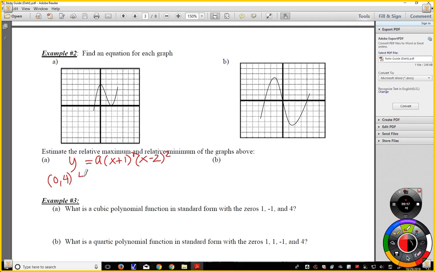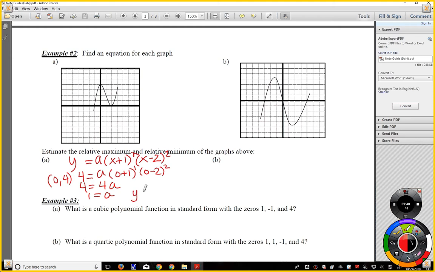So this means that y should be 4 when x is 0. And then that can help me find the a value. So all this stuff over here, (-2) squared would be 4, times 1. So this would be 4a equals 4. So a would be 1, okay?